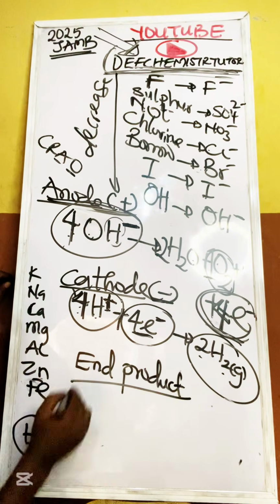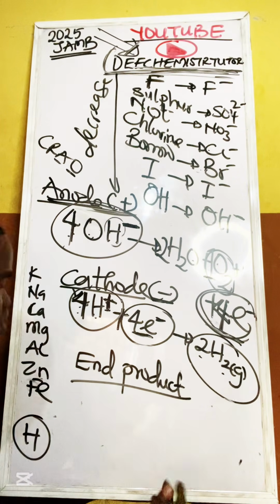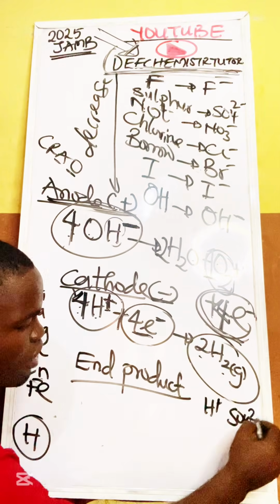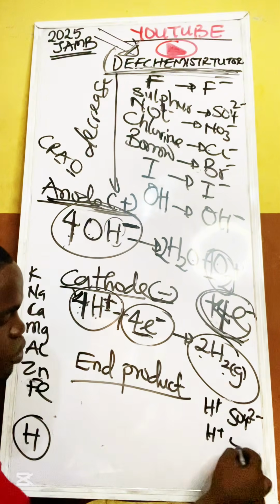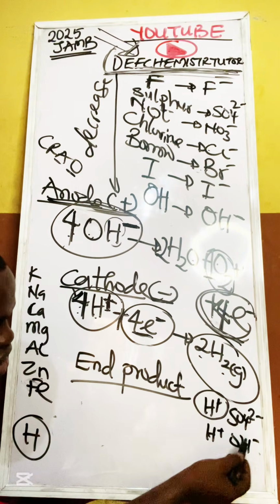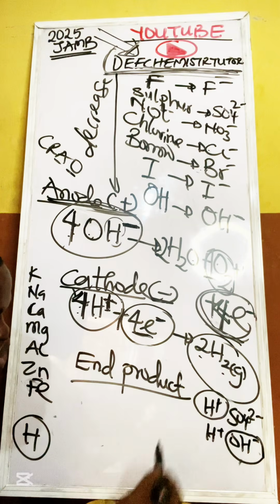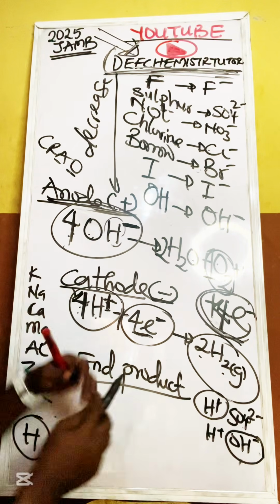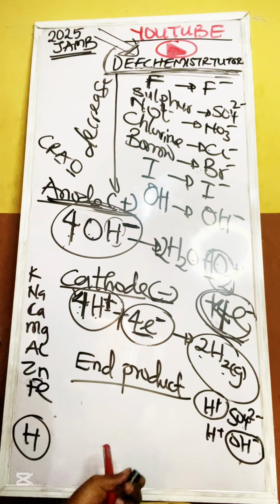Don't forget that H plus and SO4 2 minus, and H plus and OH minus. That means I've taken this guy, right? And I've taken this guy. So what is left? This H plus and OH minus are leaving in form of water eventually.